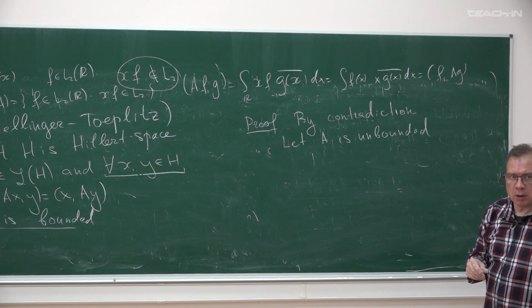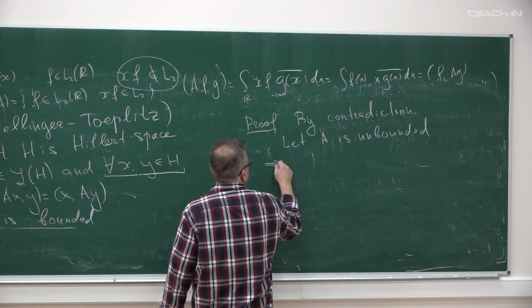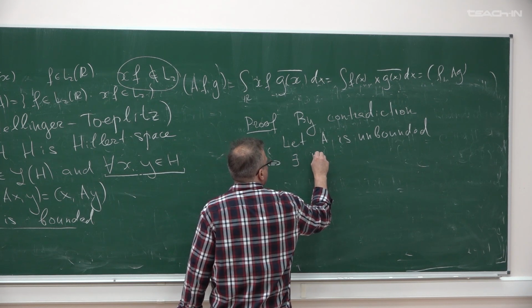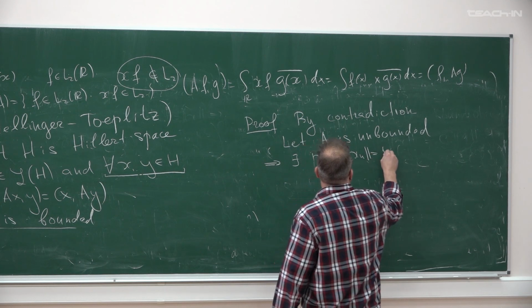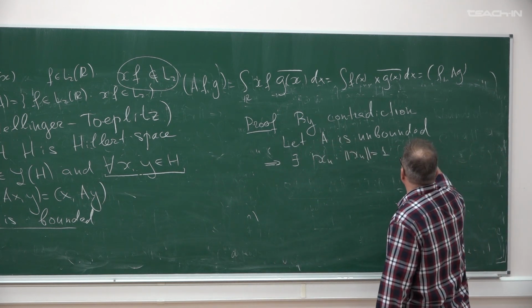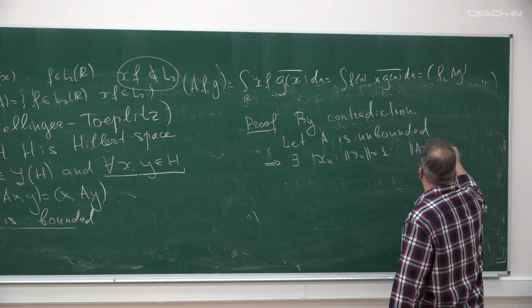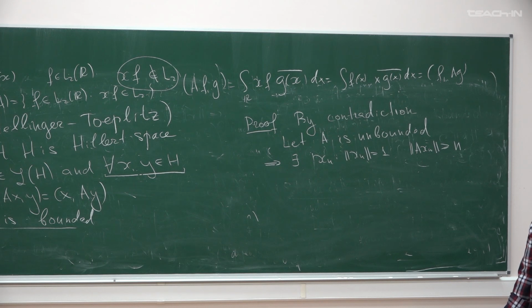What exists? There is a sequence x_n such that the norm of x_n equals 1 and the norm of Ax_n is greater than or equal to n. Yes? Being unbounded gives us an unbounded sequence of values on the unit sphere.